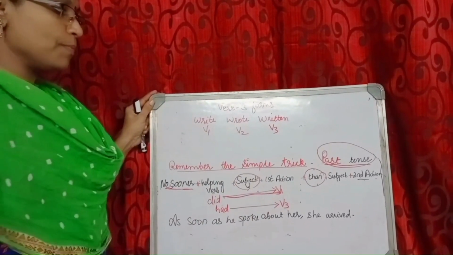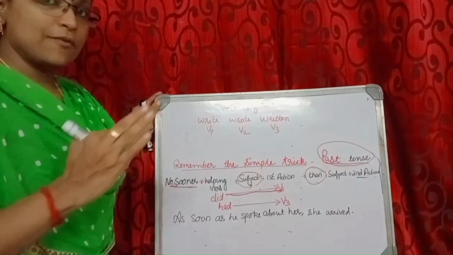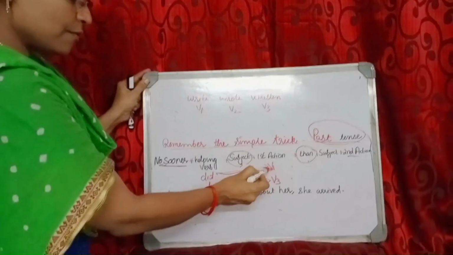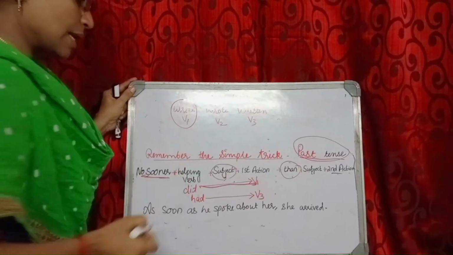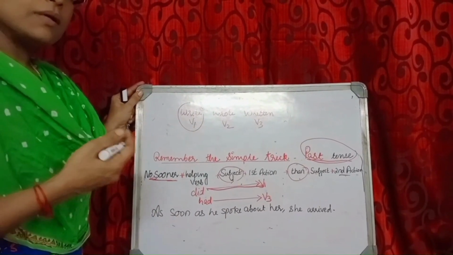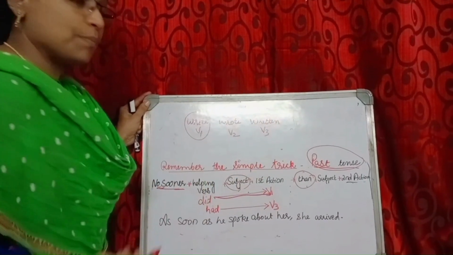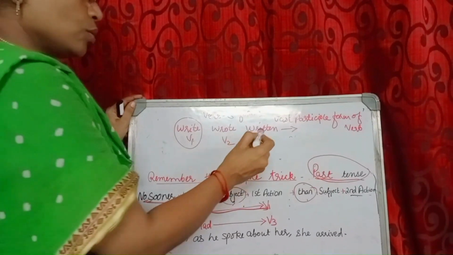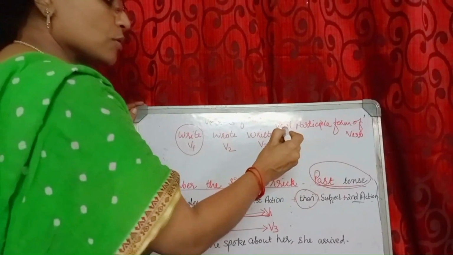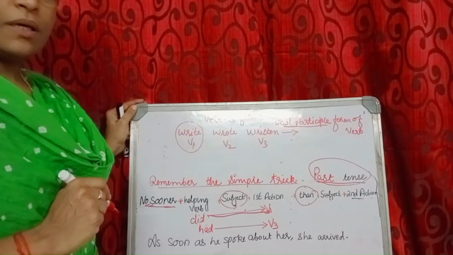So these are the first, second and third forms. All verbs have three forms. Here V1, the first form, is like write, dance, jump. And the third form is the past participle form.